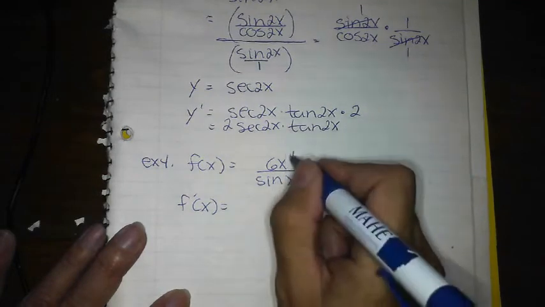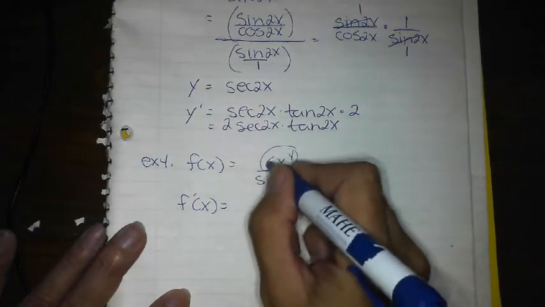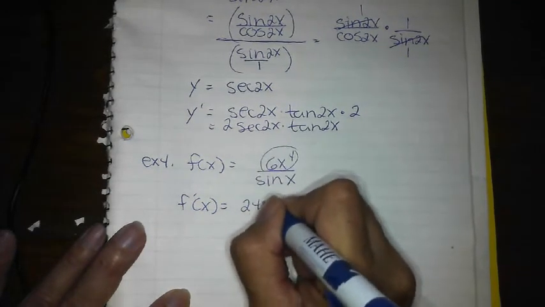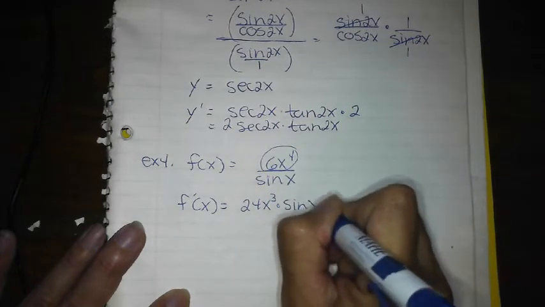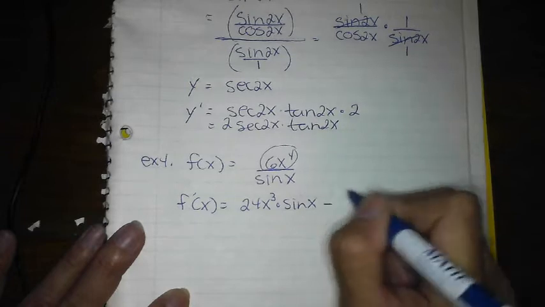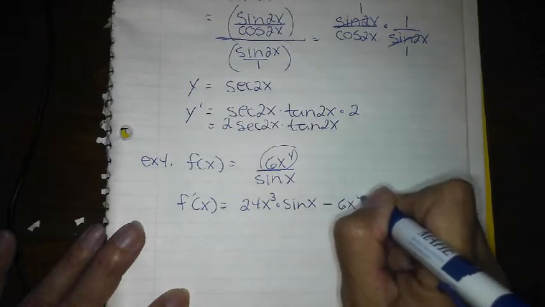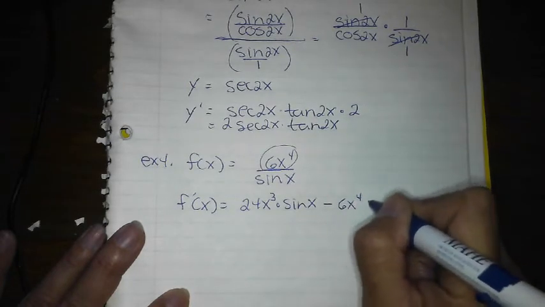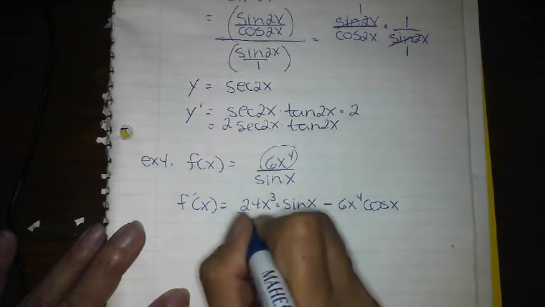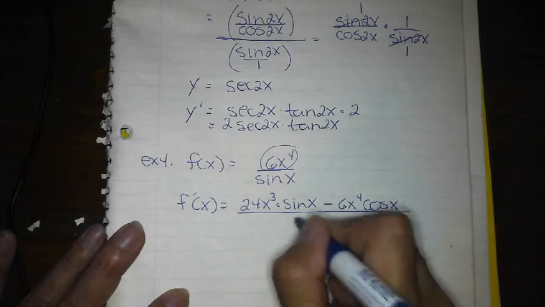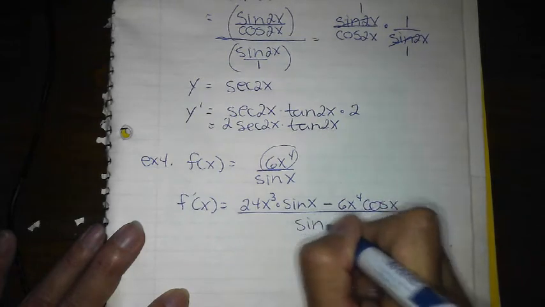So quotient rule, we take the derivative of the top, which will be 24x cubed, multiplied by the bottom, minus, keep the top. Derivative of the bottom is going to be a cosine x times 1, all over bottom squared.